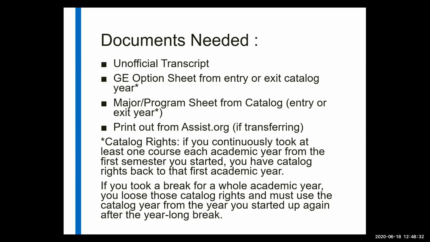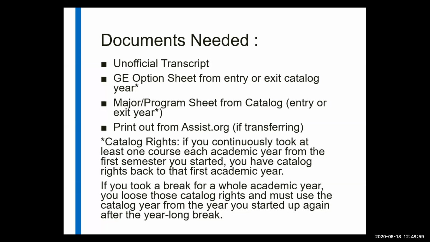What I'm talking about when I say entry or exit catalog year is related to catalog rights. If you have continuously been taking at least one course at Solano or another accredited college, each academic year from the first semester you started, you would have catalog rights back to that first academic year.